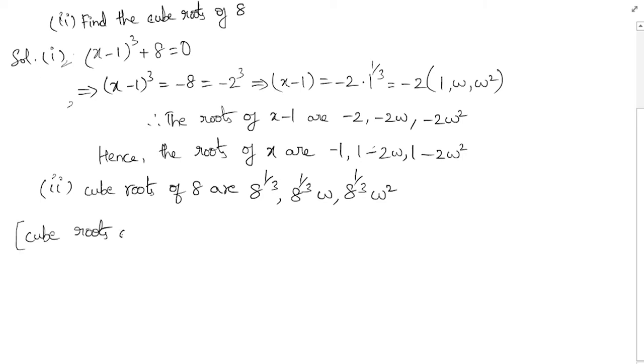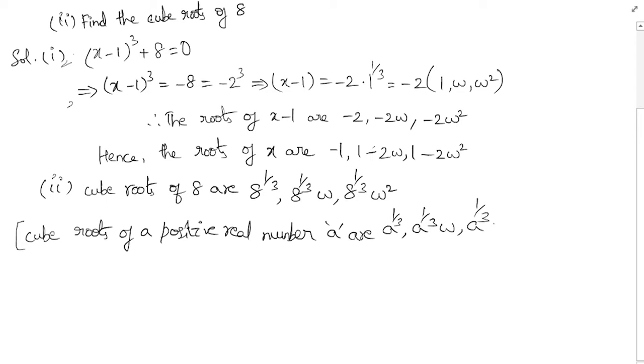So actually the cube roots of a positive real number a are a power 1 by 3, a power 1 by 3 omega and a power 1 by 3 omega square.